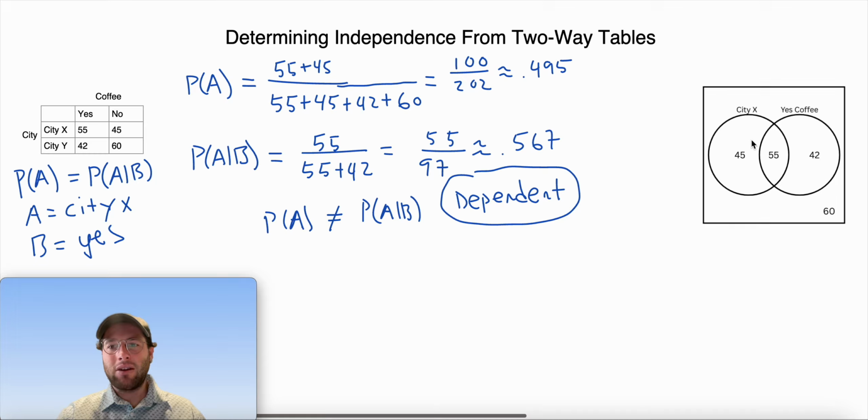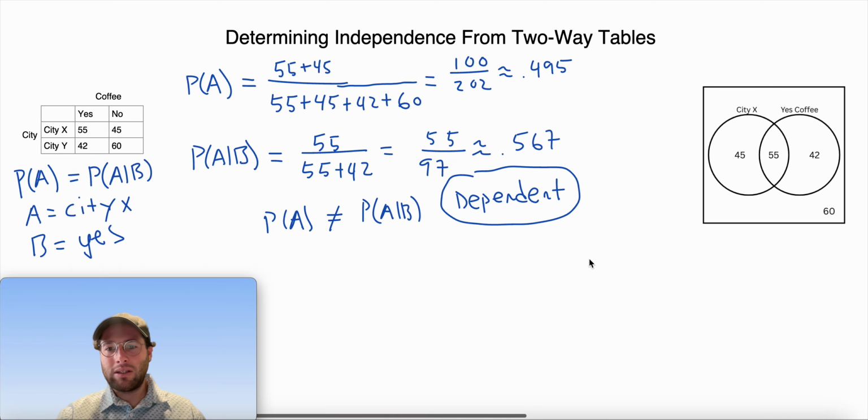To calculate whether city X is dependent or independent from drinking coffee, we do the same thing as before and see if the probability of living in city X is equal to the probability of living in city X given that you do drink coffee.